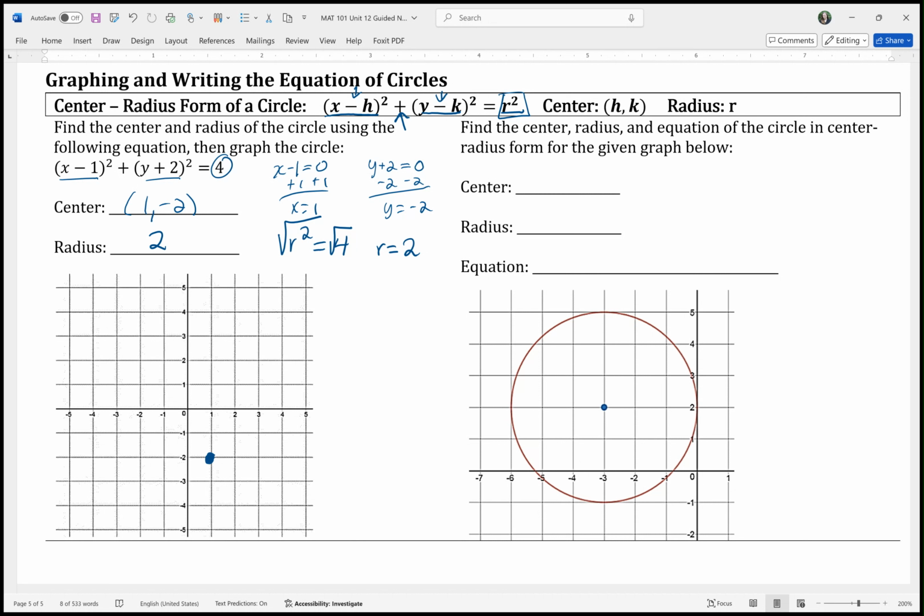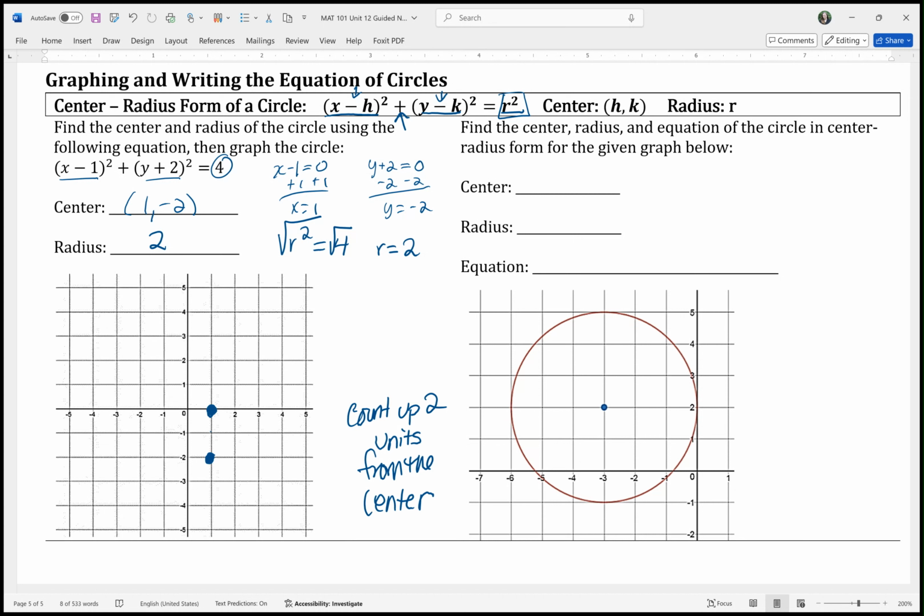The radius is the distance from the center to the outside in every direction. The easiest way to do this is to take that radius of 2 and count up 2 units from the center. So we go up 2 units, 1, 2, and we click.